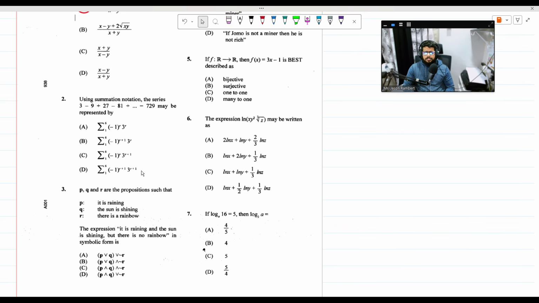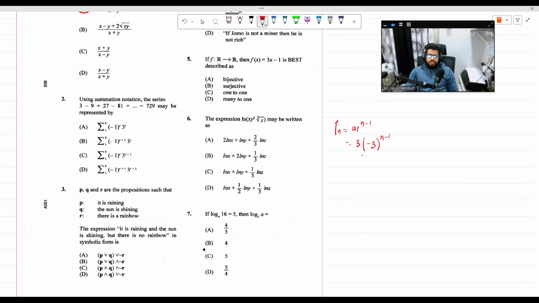Yeah, because this is not an AP, it is a GP. First term is 3, so T sub n is equal to AR to the n minus 1. A is 3. R is going to be minus 3 to the power n minus 1.